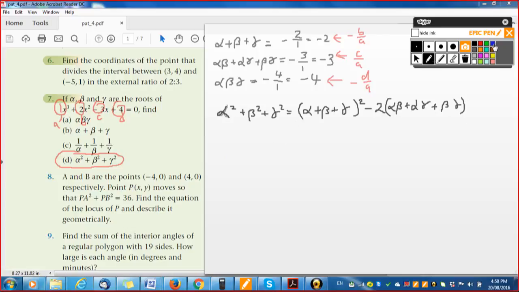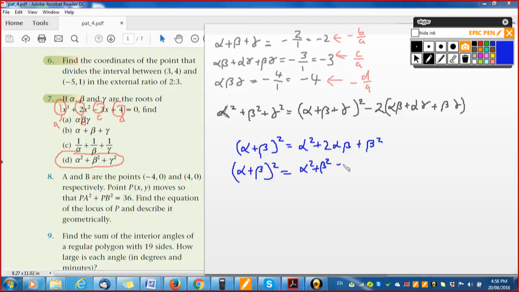Basically it's this. Alpha plus beta all squared is actually equal to alpha squared plus 2 lots of alpha beta plus beta squared. You see that? Which is basically alpha plus beta squared is equal to alpha squared plus beta squared plus 2 alpha beta.